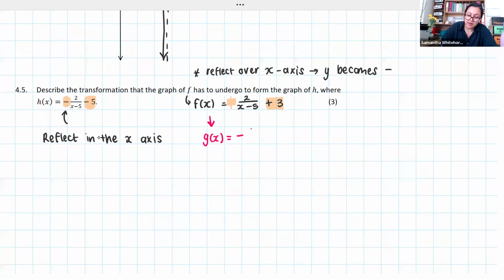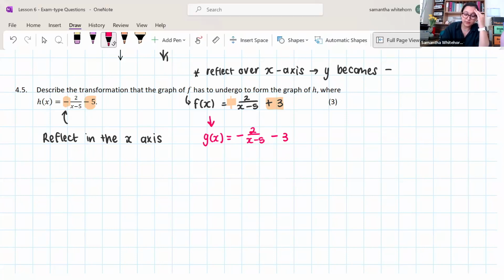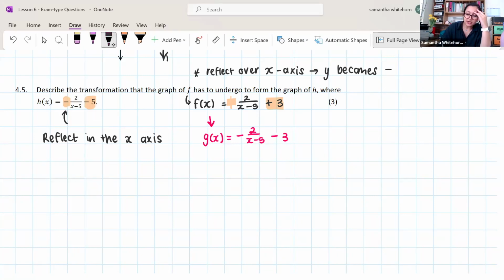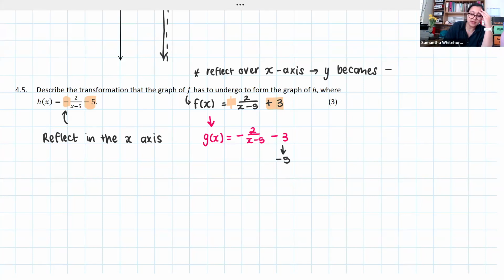We will now have minus 2 over x minus 5 minus 3, because everything of your y becomes negative. Now we can compare how we've got to this point with what happens next. This fraction stays negative, but this negative 3 becomes a negative 5. So that means we have shifted 2 units down.